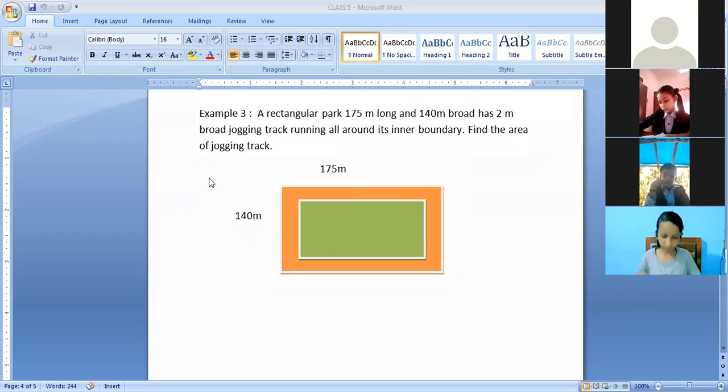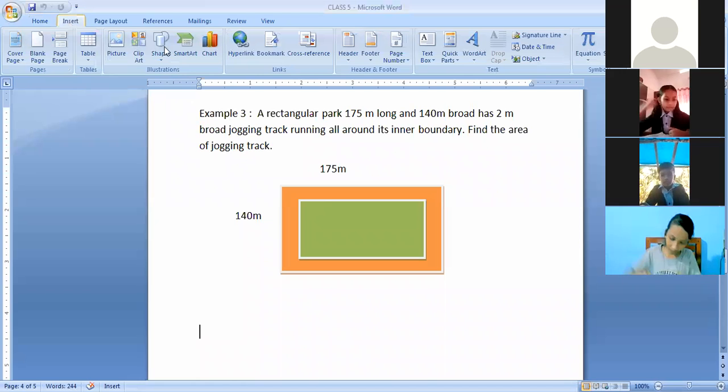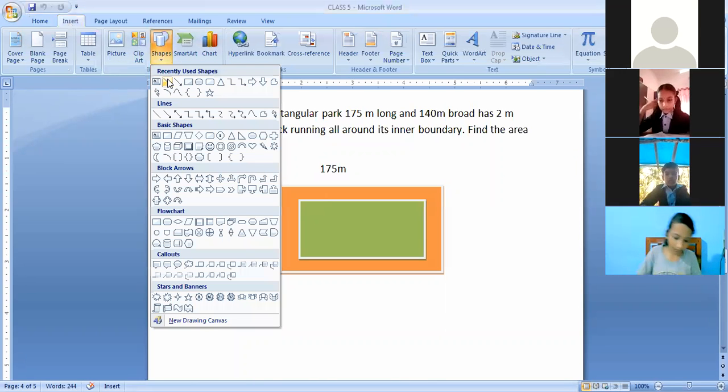Okay, find the area of the jogging track. What do we have to find? We have to find the area of the jogging track. So, see this line. This is the length and breadth of the park, right? We know the width of the park. Do you know the width of the park, or breadth of the park?